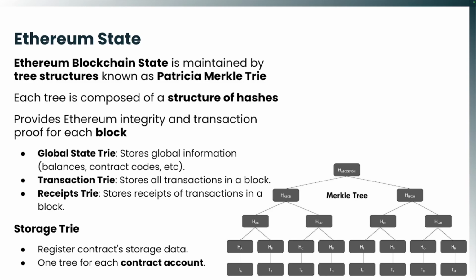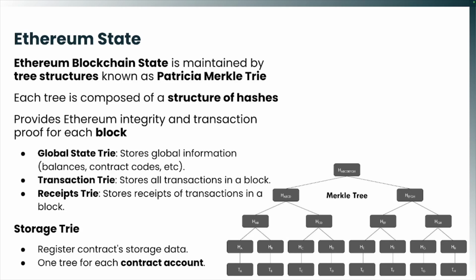The transaction tree is responsible for storing all transactions within a given block, ensuring the verification of the integrity of the transactions. The receipts tree keeps track of the receipts of each transaction in the block, providing critical information about whether a transaction was successful and if a smart contract was executed as intended.